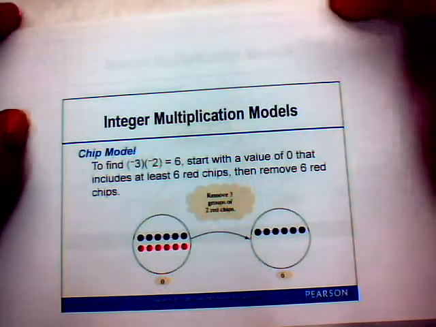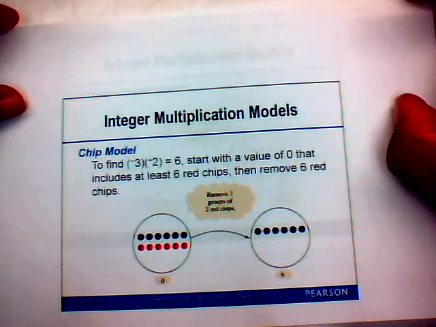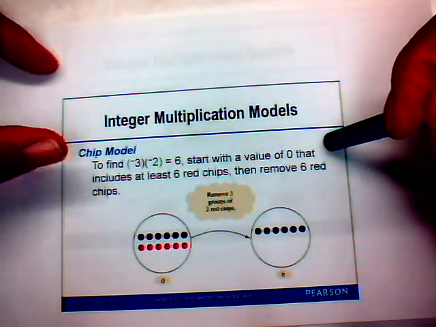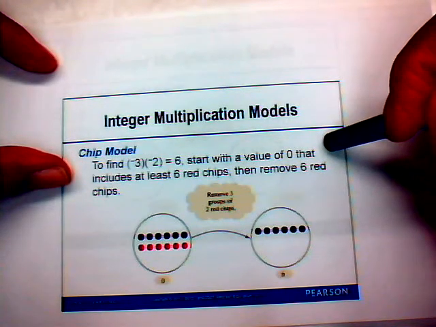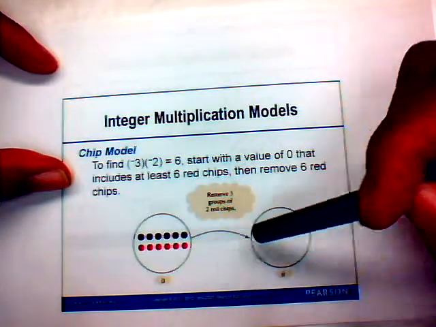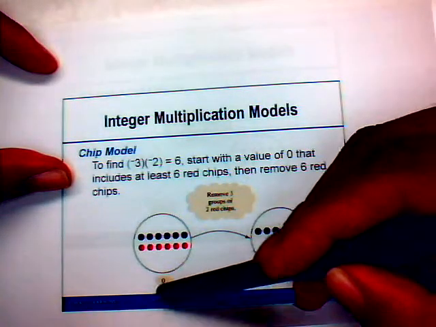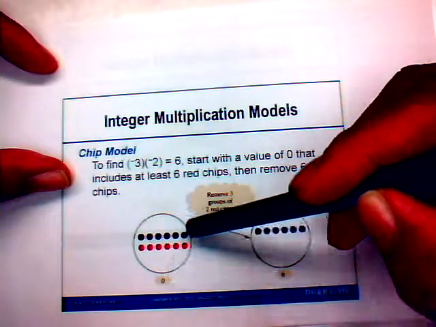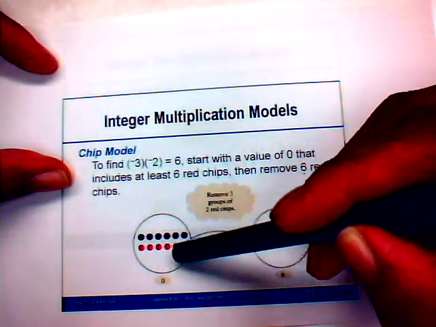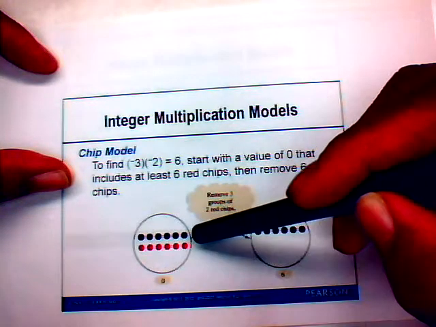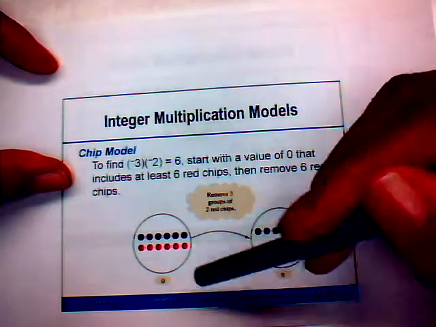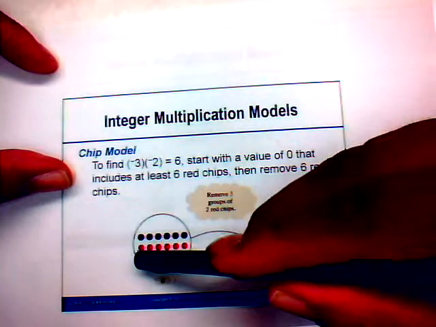Okay, let's look at the chip model closely. To find negative 3 times negative 2 is equal to 6, you want to start with a value of 0 that includes at least 6 red chips, and then remove the 6 red chips. In this case, we're starting with 0, and then we're putting in 6 zero pairs: 6 black chips and 6 red chips. Remove the groups.